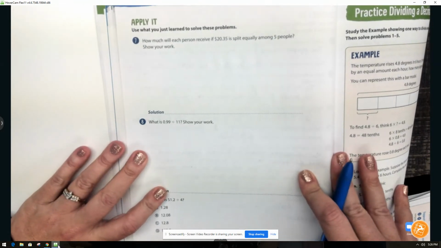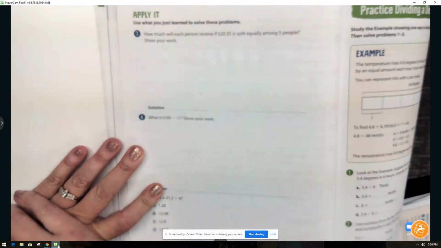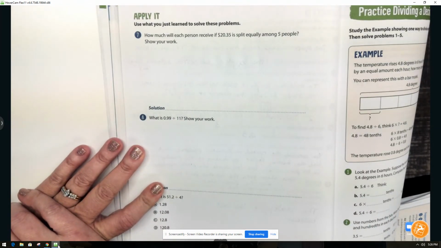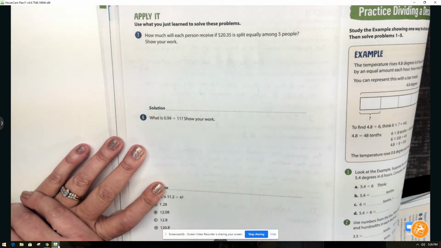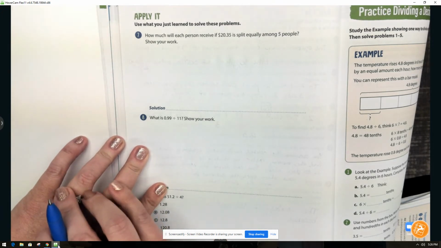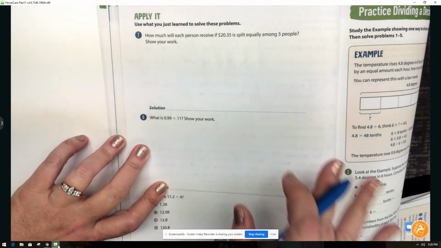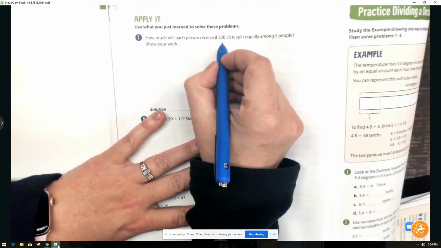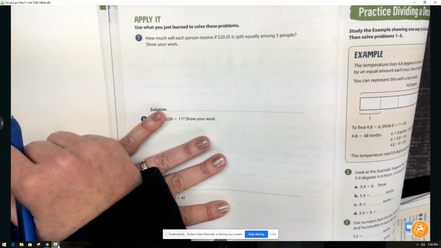We're going to look at number 7. So number 7 says this: how much will each person receive if $20.35 is split equally among 5 people? Show your work. Now, this problem, I'm going to actually kind of break it apart. So I'm going to think of $20.35.